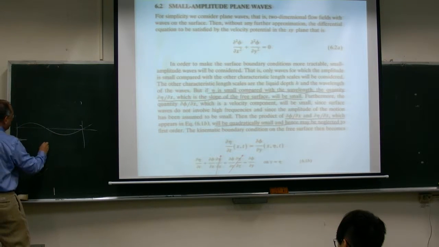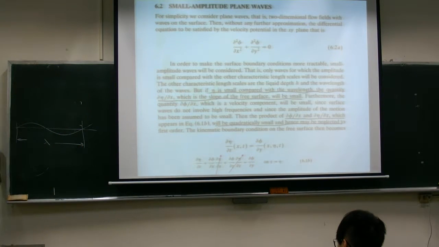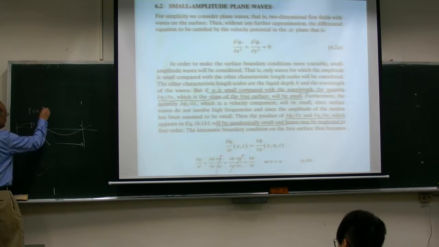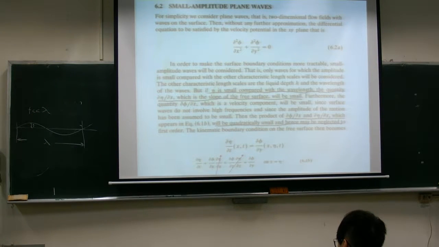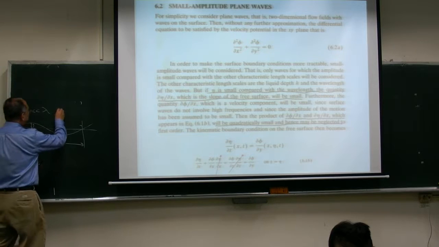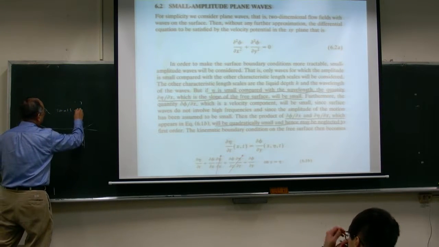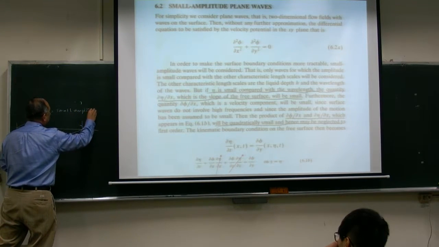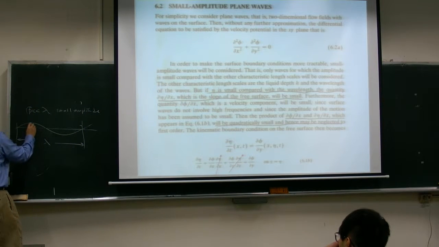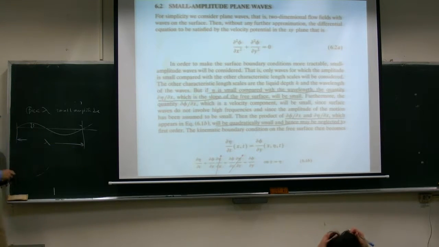This is lambda, the wavelength. And eta is this. So eta should be much less than lambda. That's the small amplitude assumption. Eta is the amplitude of this wave, which is compared with this wavelength, and is much smaller than the wavelength.